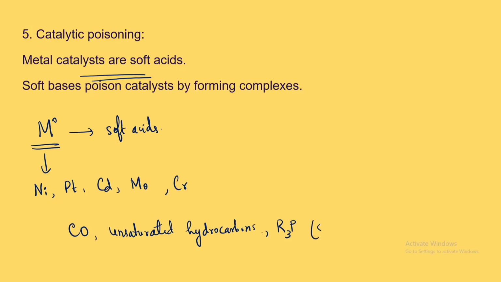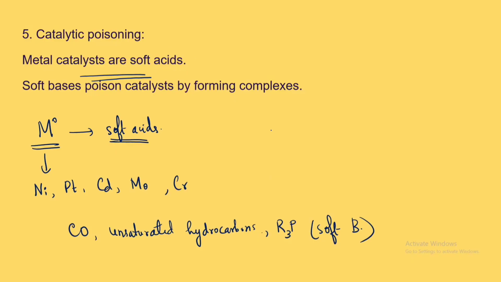So these are also soft in nature, right? They are soft bases. Now, these soft bases and these soft acids can combine together. So soft interaction can take place, because of which the metal catalysts, which are soft acids, can be poisoned by these particular soft bases. Now what happens if hard bases are present?